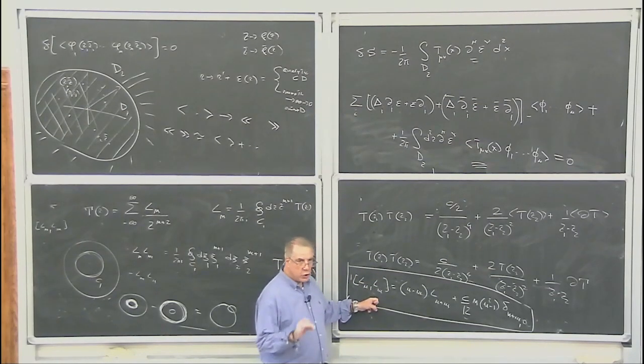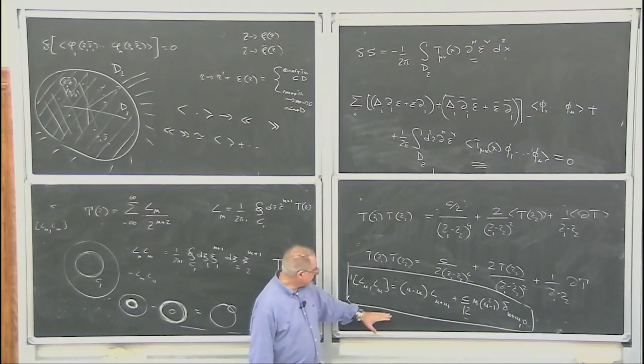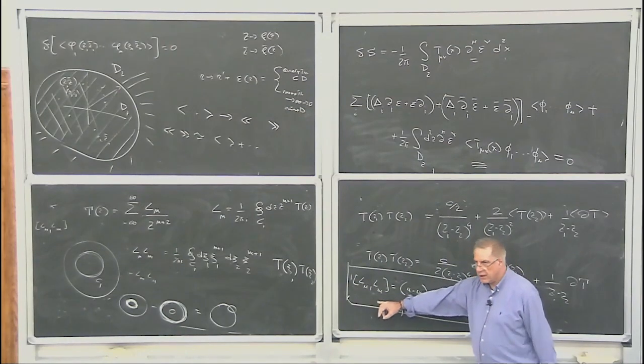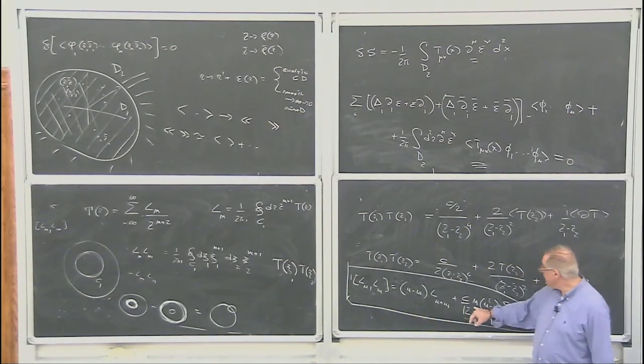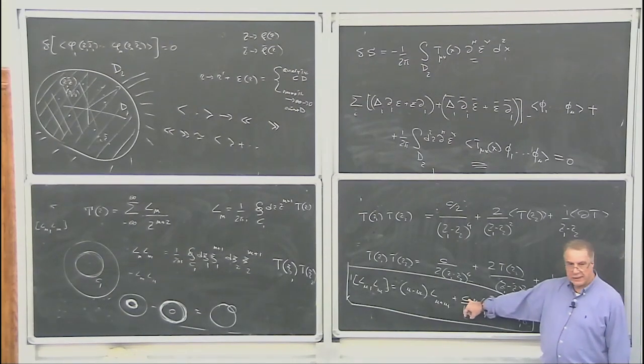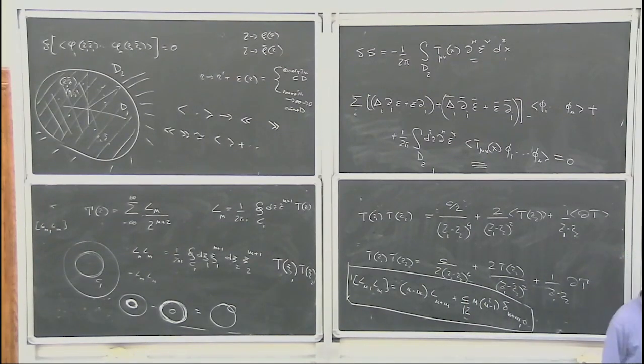And then just looking at this, you realize that it is exactly like the previous algebra of the conformal transformation plus an extra term. And this extra term is due to this central charge. Okay? So if the central charge is different from 0, you have this extra term.